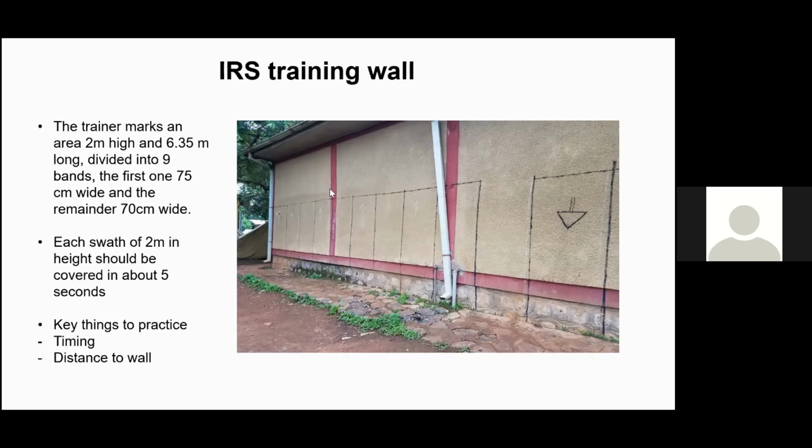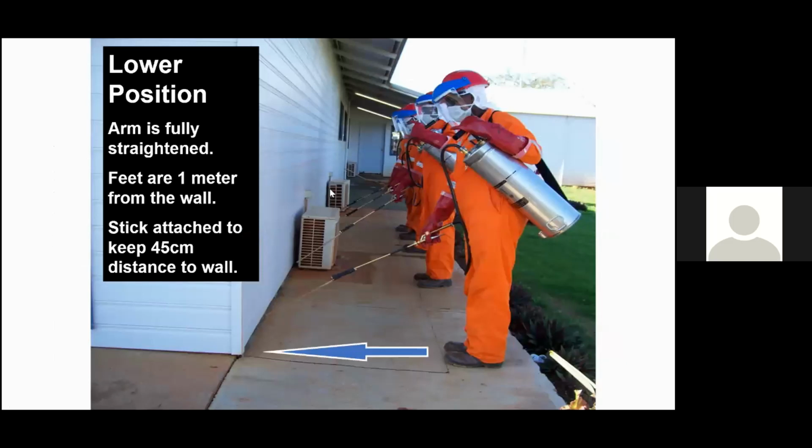So this is how the persons are trained. You can see these persons are all using this compression sprayer, having a very good PPE kit, and there is the lance. You can see there are sticks attached to the lance. We call it a guiding pole or whatever you can call it.